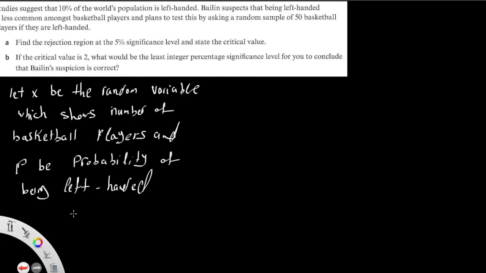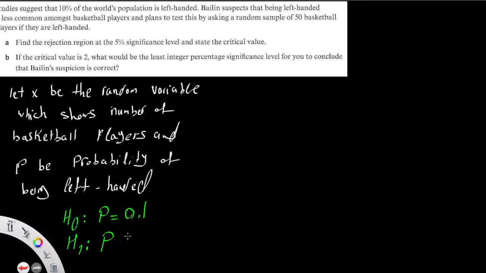So now at this step we need to define our null and alternative hypotheses. The question says that the first claim is that 10% of the world's population is left-handed. So H0: probability of being left-handed is 0.1, and H1: now it says that he suspects it is less common.